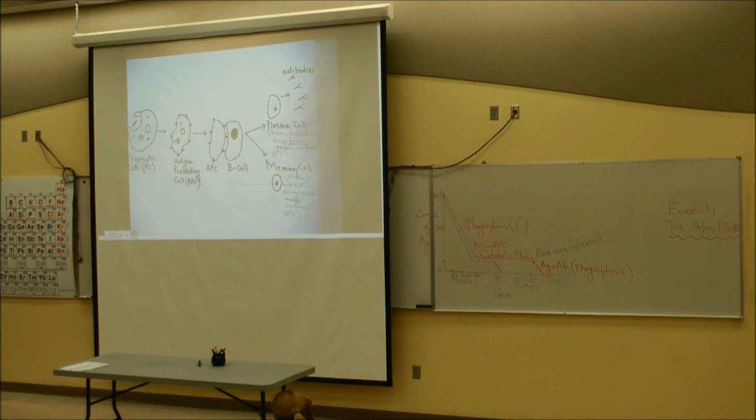One step that you may want to draw here, which is not here: if this antigen is T dependent, draw an arrow this way, and draw another cell and label that cell as T helper, TH cell.